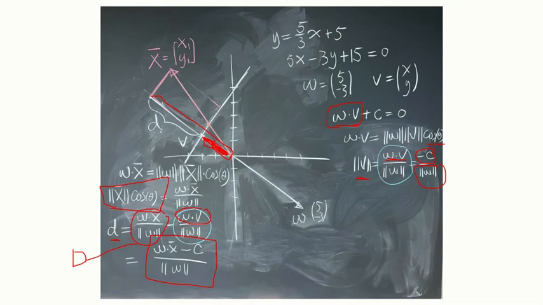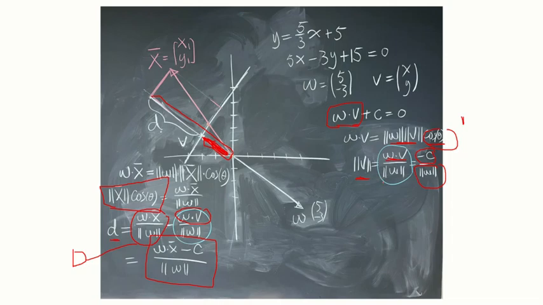Yeah, so W and V are the same direction. So cosine theta should be 1, okay?